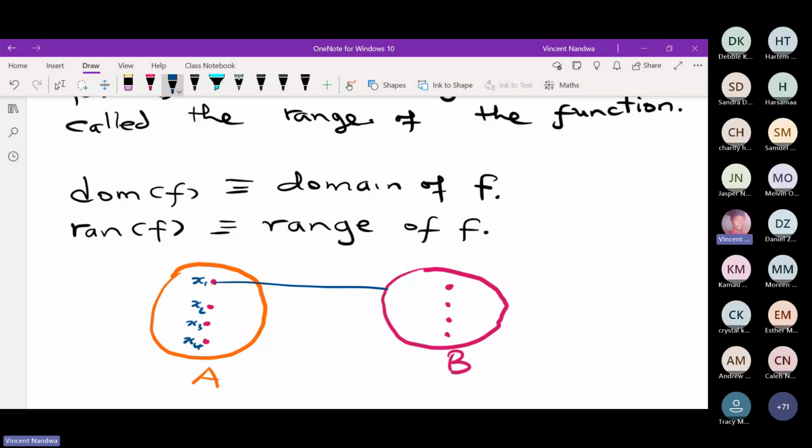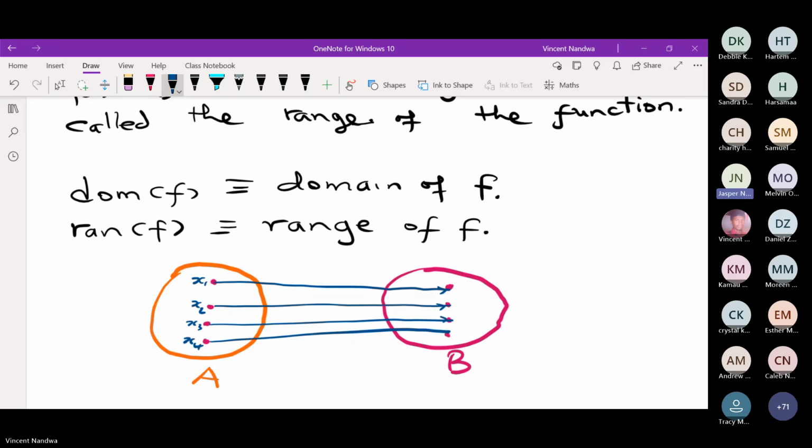So if x1 is taken to this point, a rule that takes x2 to that point, say a rule that takes x3 to that point, and let's say that the same rule takes x4 to that point in B, so that this becomes f of x1, f of x2, f of x3, f of x4.